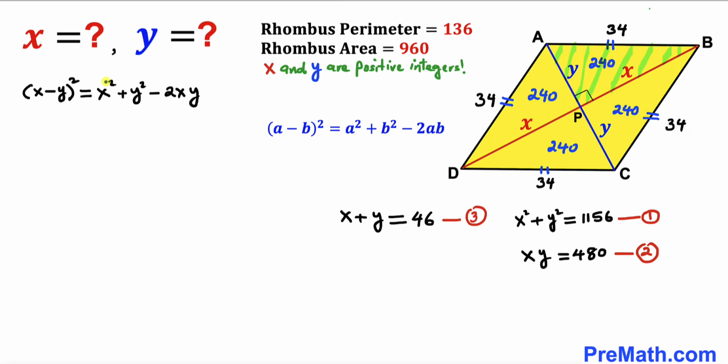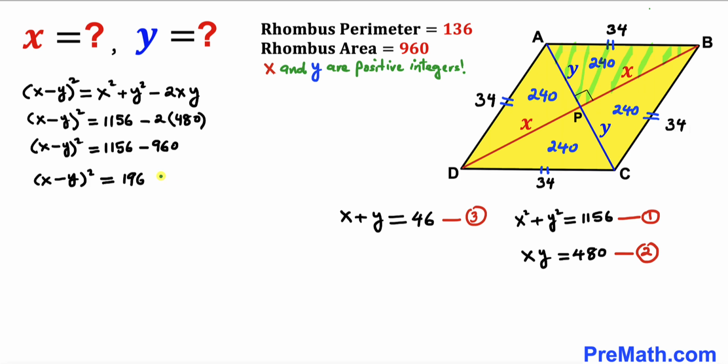We know x squared plus y squared is 1156 and xy is 480, so substituting, (x minus y) squared equals 1156 minus 2 times 480, which simplifies to 196.